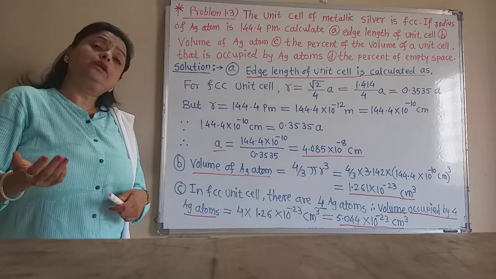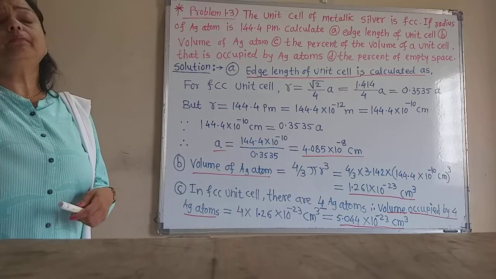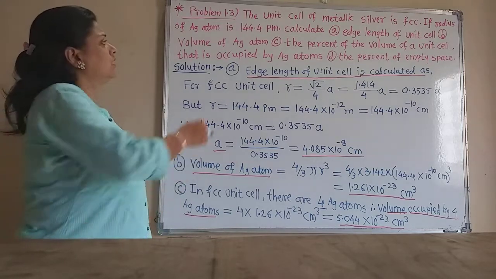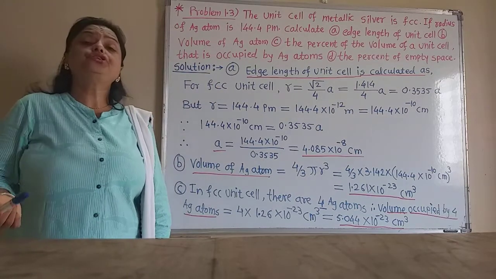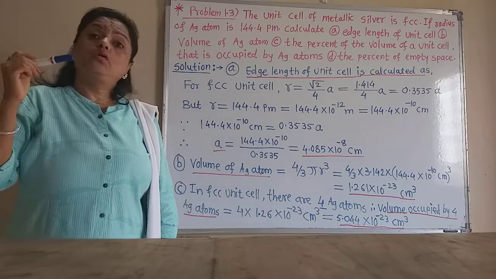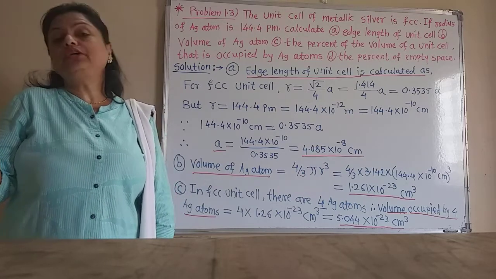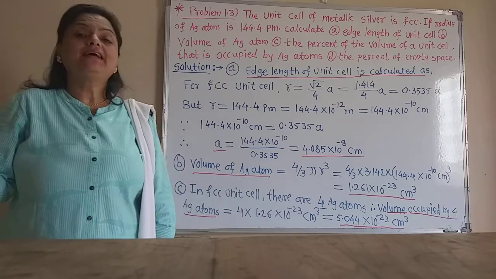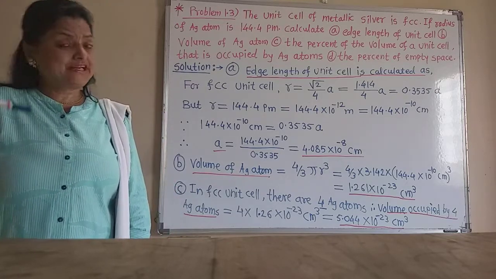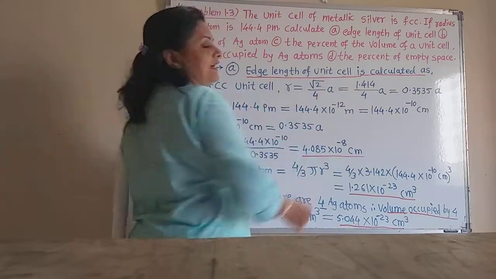Now let us calculate the total volume of the unit cell, and then we have to calculate the percentage of the volume of the unit cell by using the formula: volume of the atoms present in the FCC divided by total volume of the unit cell into 100, and on subtracting that value from 100, we obtain the percentage of the empty space.